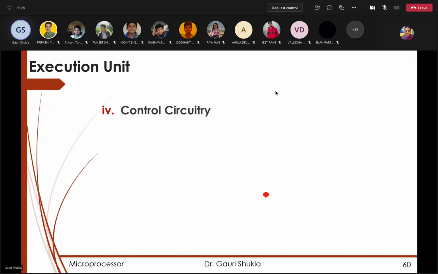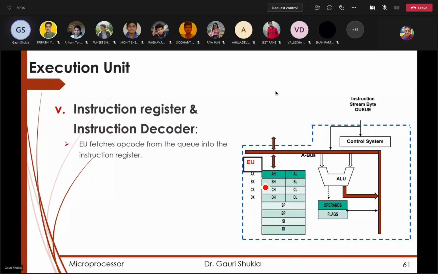Those were the general purpose registers. Next comes our control circuitry, which is used for directing the internal operation. So the instruction register and instruction decoder are not shown, but obviously they are there. They fetch the opcode from the queue into the instruction register, and the instruction decoder decodes it and sends the information to the control unit for execution.